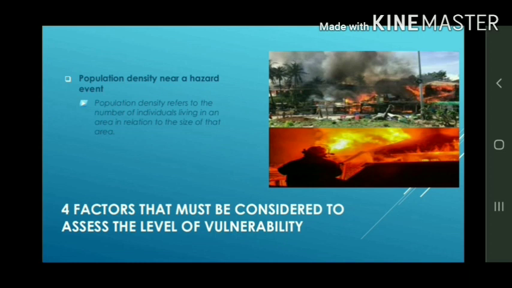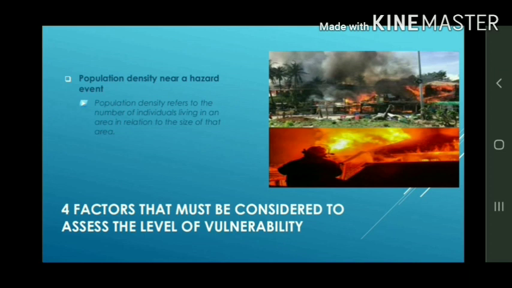The population density near a hazard event was very clear as one of the major reasons kung bakit mabilis na kumalat ang apoy. Dahil ang sunog daw ay nagsimula sa partikular na lugar na magkakadikit ang mga bahay, ang mga tao, no? That is pertaining to population density.